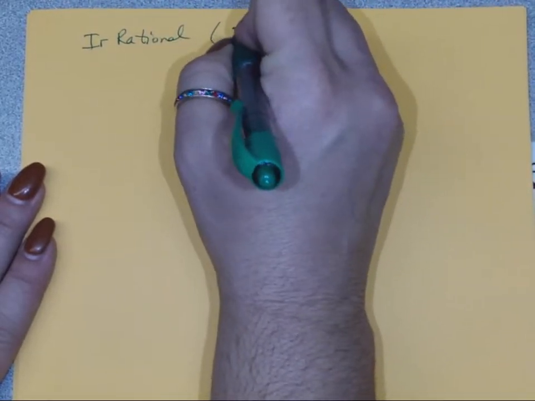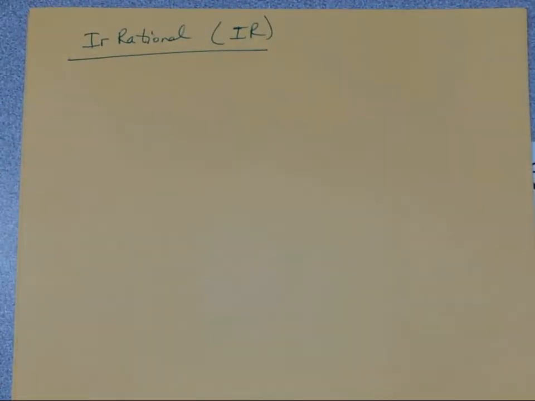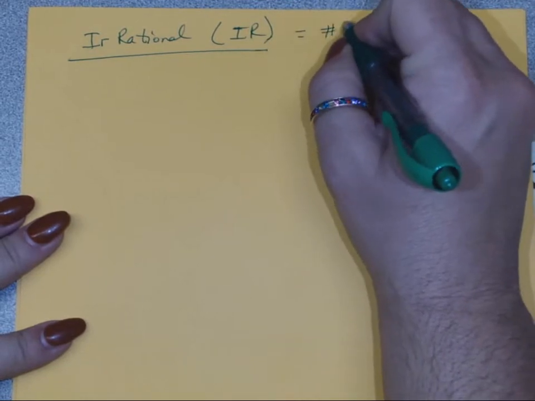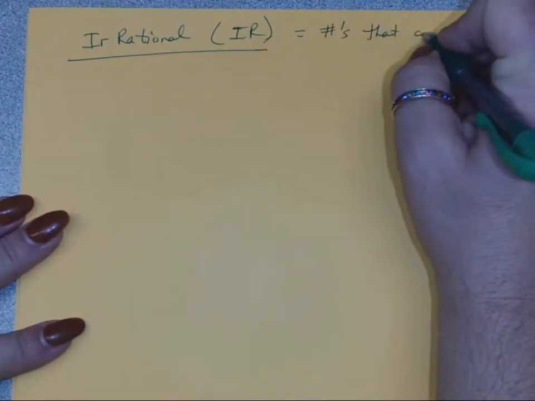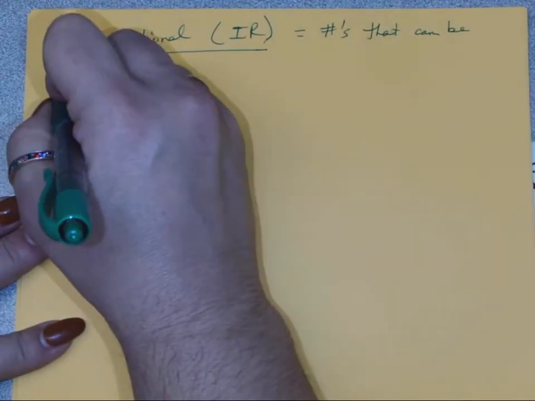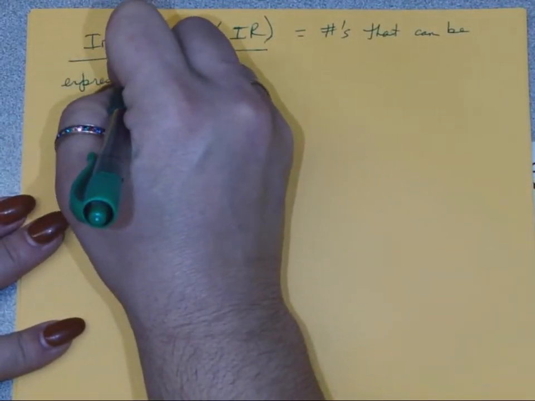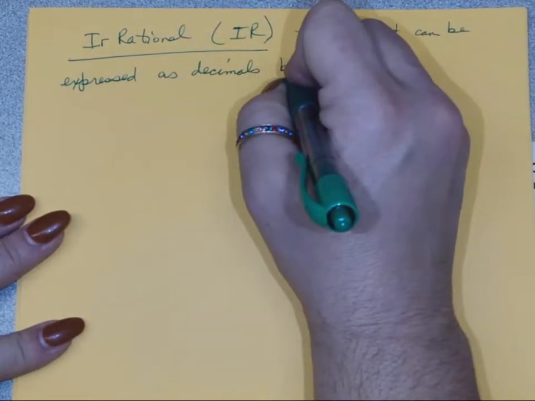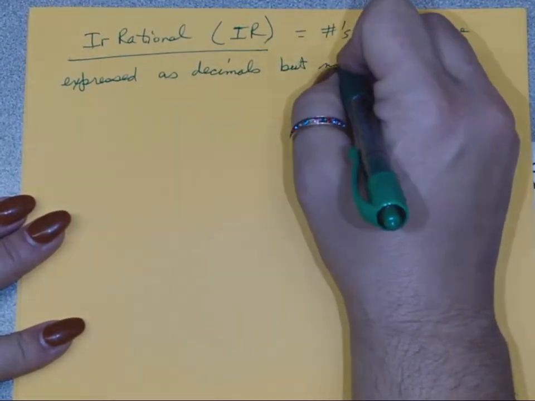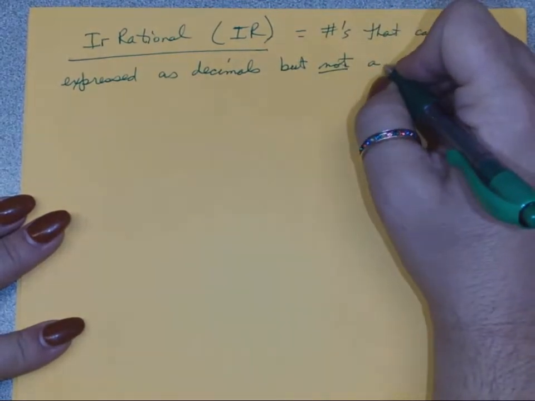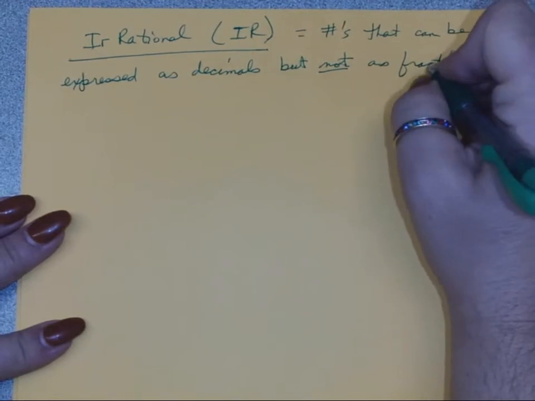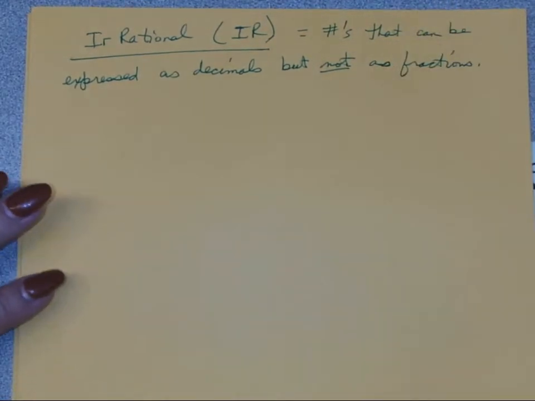Mathematicians use the notation IR for that. So this would be numbers that can be expressed as decimals, but not as fractions. There are some really popular irrational numbers.